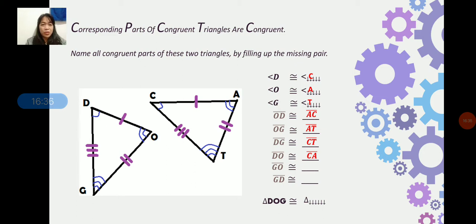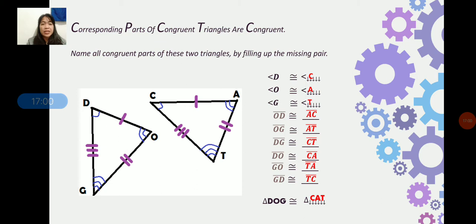GO would be congruent to what? Okay, we have TA. And then GD would be congruent to TC. And lastly, triangle DOG would be congruent to triangle CAT.